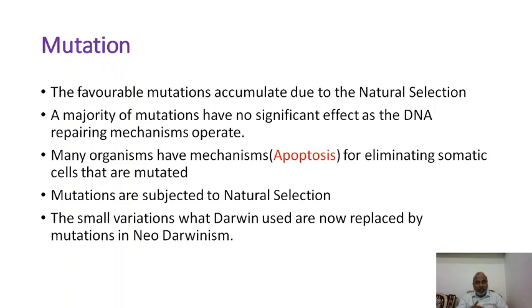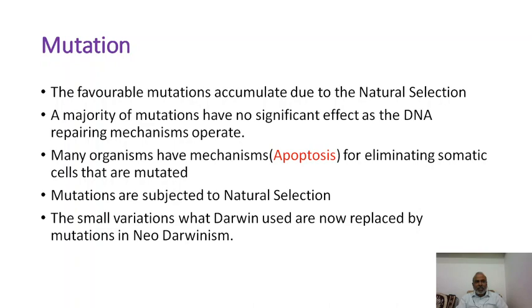When a somatic cell gets mutated, it may become a self-altered cell or a cancerous cell. Such cancerous cells will be killed by natural killer cells, or the carcinogenic cells have their own mechanism of programmed cell death that is known as apoptosis. In that way, the somatic mutations can be kept under control.